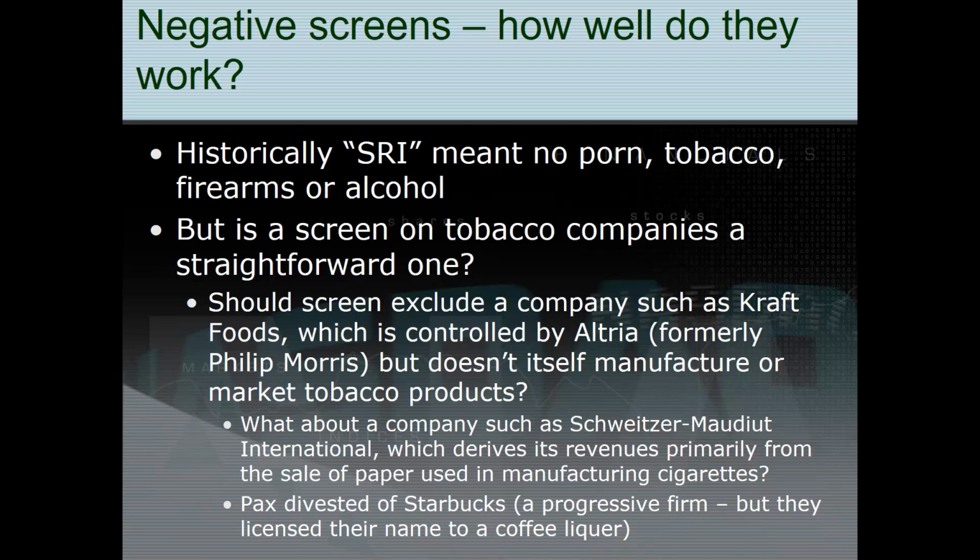So the historic meaning of SRI, probably for the last 30 years, was a screen of all the things you didn't want to do. And obviously they're called the sin industries, right? Gambling, tobacco, porn, etc. Obviously a church's endowment doesn't want any part of their funds in these kinds of activities.